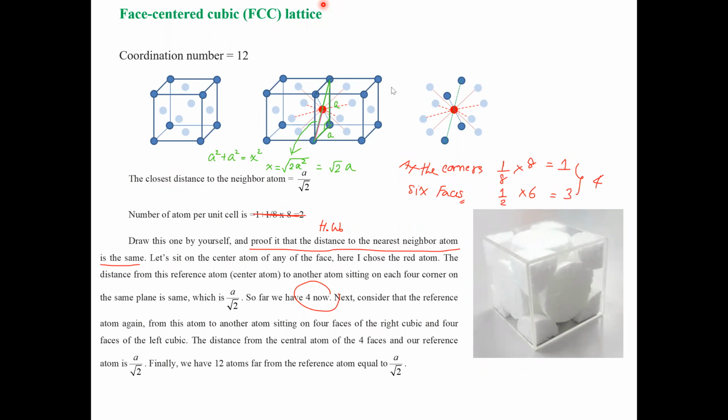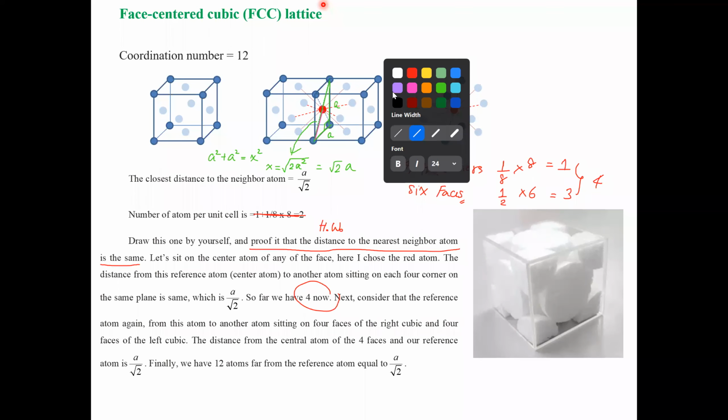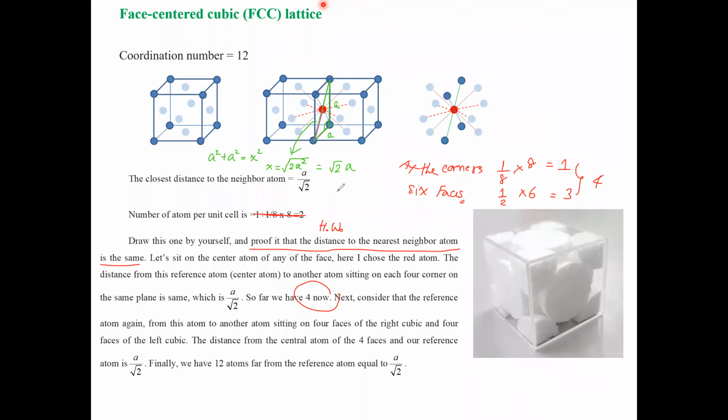So it's gonna be square root of 2A divided by 2, which is A divided by square root of 2. So we proved this already, right? So the rest, can you try to prove by yourself and show that they are the same?